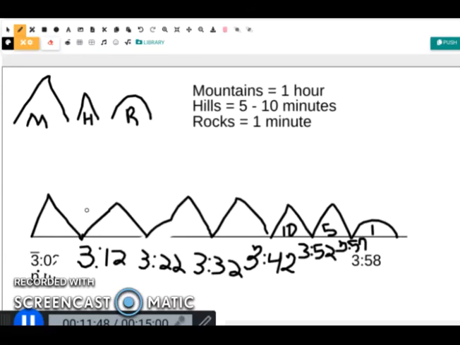Now, as we're looking at that, to be able to find the elapsed time, all we're going to do is come up here and add all of our mountains, hills, and rocks together by minutes. And that's going to tell us how much elapsed time happened for this assembly. So we can all count by our 10.